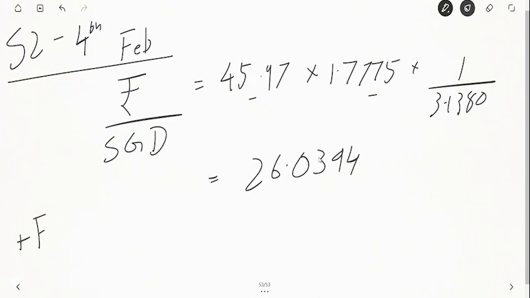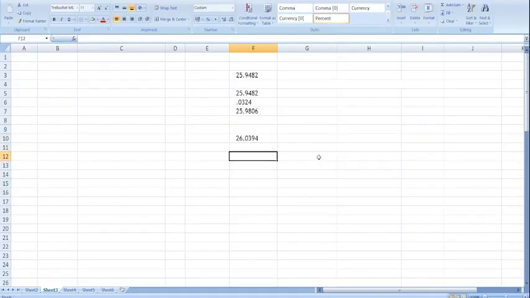Add exchange margin of 0.125 percentage. Okay, add exchange margin of 0.125 percentage. 26.0394 into 0.125 percentage.